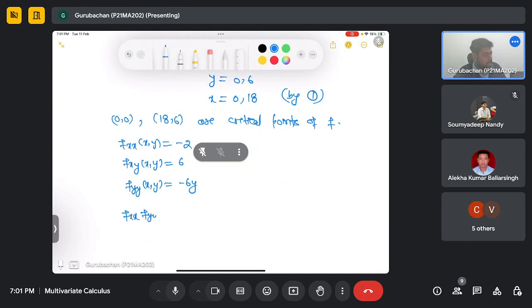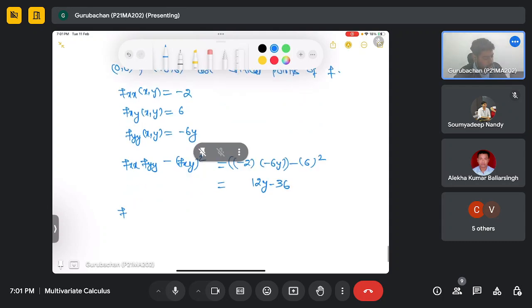First of all, we need to check fxx fyy minus fxy square. This will be equal to minus 2 times minus 6y minus 6 square. It will give us 12y minus 36. Now we need to check the value of this expression. First of all, at (0, 0), it will give us minus 36, which is less than 0.